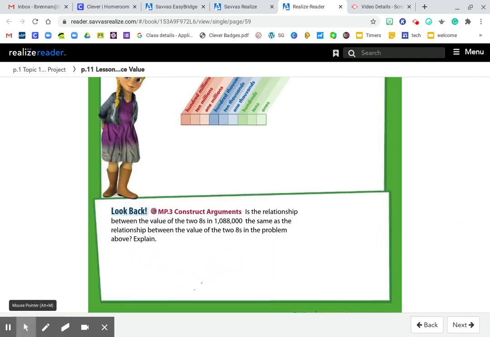Is the relationship between the value of the two eights the same as the relationship between the value in the two eights above? Let's take a look. This one up here was 1,088,000. So we can say that this 8 is 10 times bigger than this 8, or you can say this 8 is 10 times smaller than that 8.